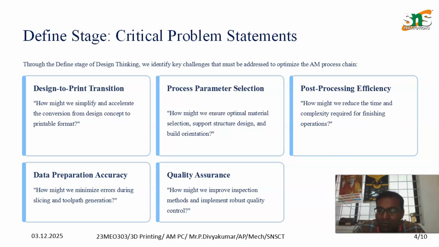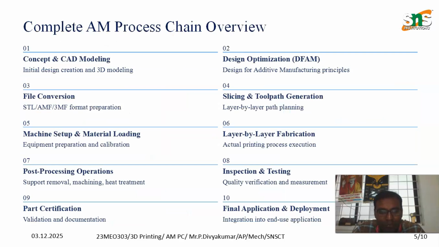There are different types of additive manufacturing processes, so what type of machine we are going to select, what different types of materials we are going to choose and make with the help of the AM process, and for what application we are going to define the particular type of machine. These are some of the parameters or problem statements we need to define before we produce the particular type of product.